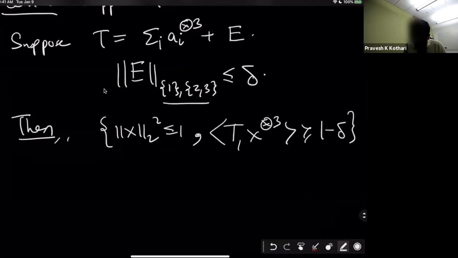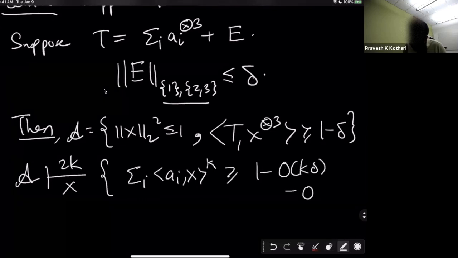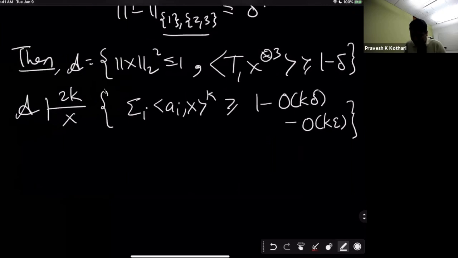Let's call this the new system A, and A derives in degree 2k, just like we proved earlier, in variable X, the inequality sum over I of AI X to the k is at least 1 minus O of k delta minus O of k epsilon. Okay, and this is the noise resilient and more general version of the same theorem. And actually the proof is very, very similar. So let me quickly convince you, without really doing the details of this proof, that this works, okay?